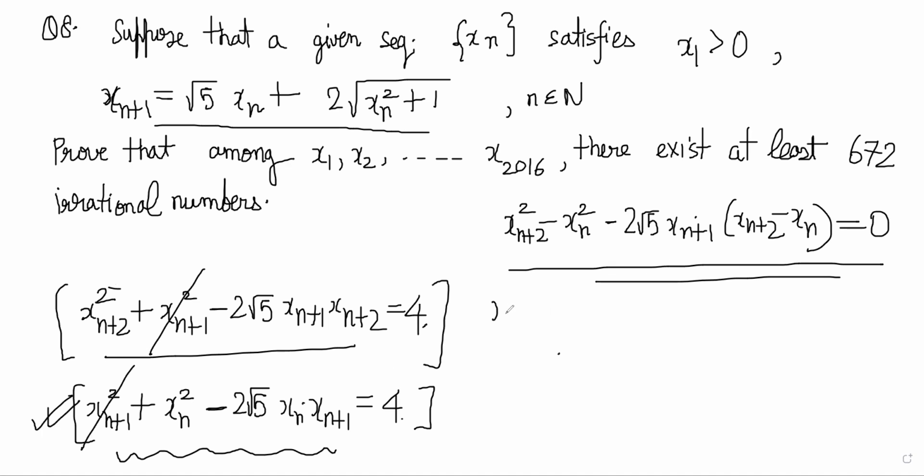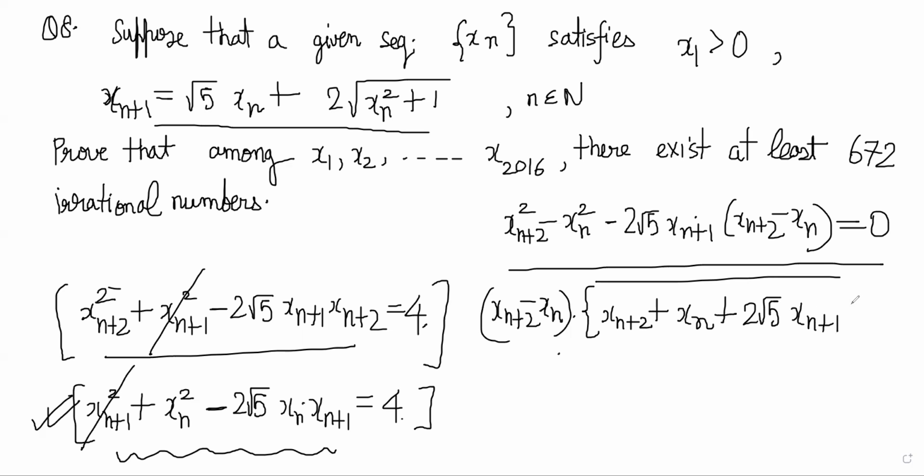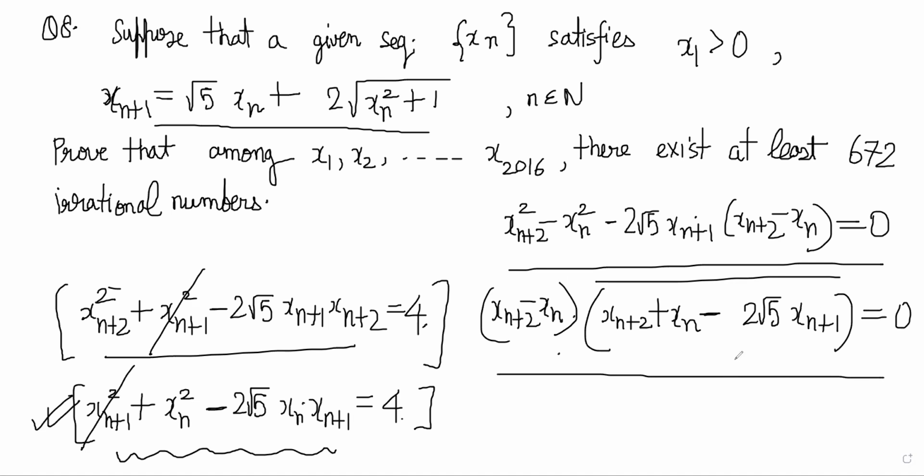So we can say (x_{n+2} - x_n) common here, and we'll have (x_{n+2} + x_n) minus 2 root 5 x_{n+1}. I'm just taking common. You have to do it correctly. This plus x_n minus this, right?